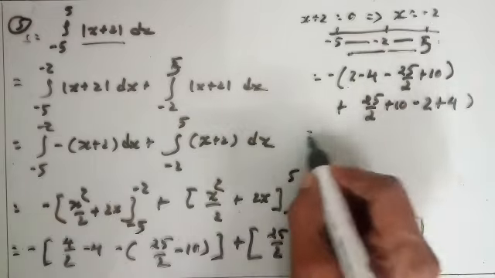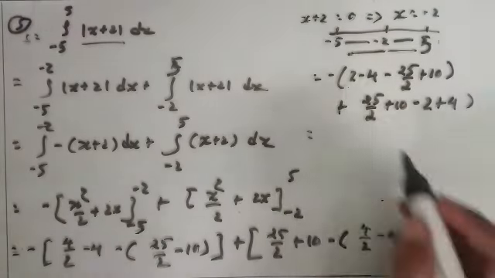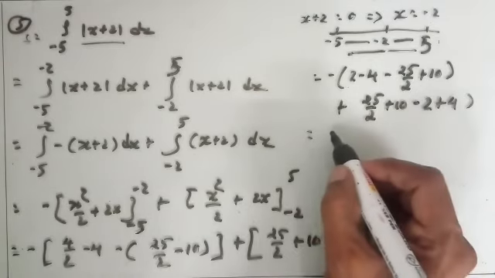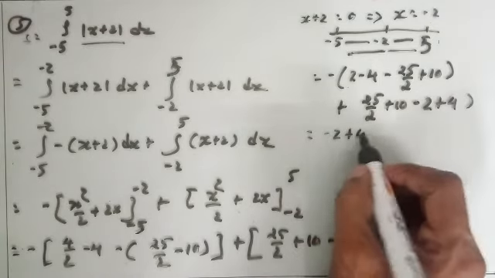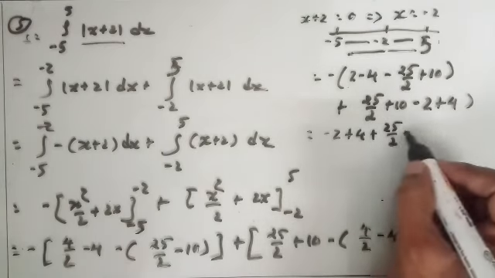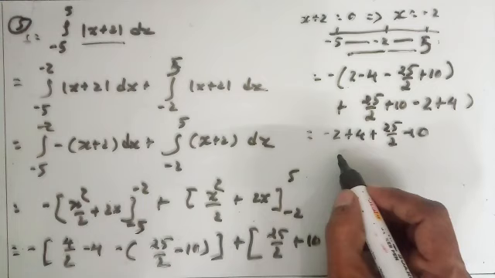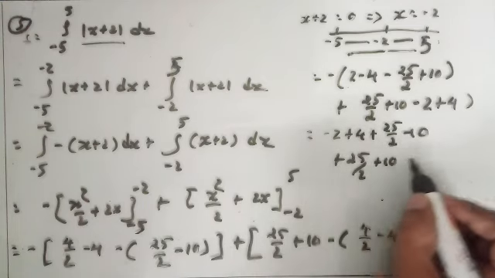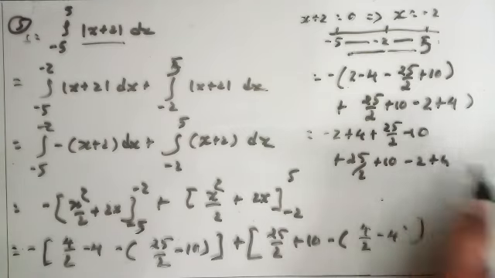Okay. Now simplification: take the minus inside and simplify this. So here we get minus 2 plus 4 minus minus plus 25 upon 2 minus 10 plus 25 upon 2 plus 10 minus 2 plus 4.